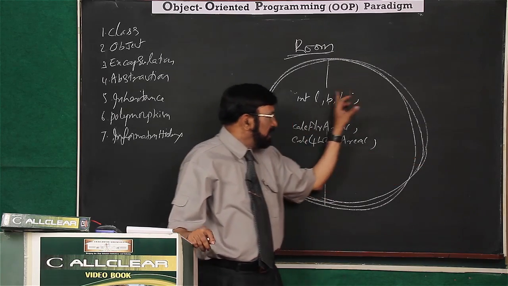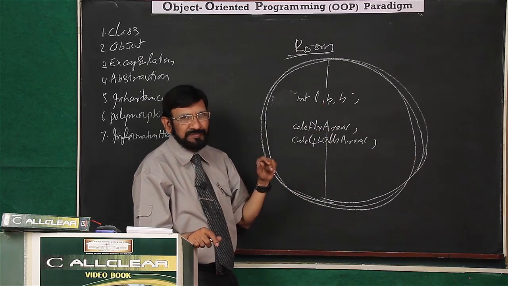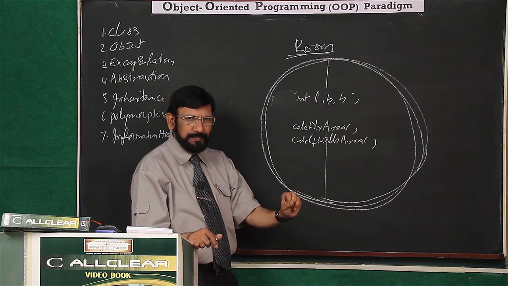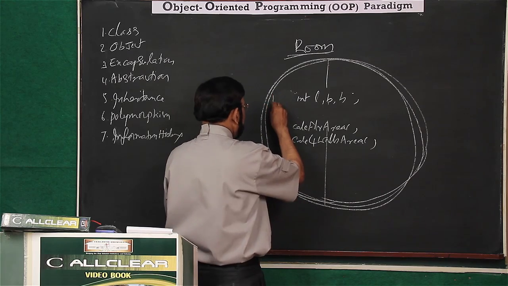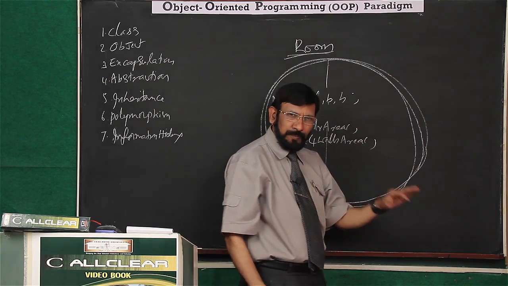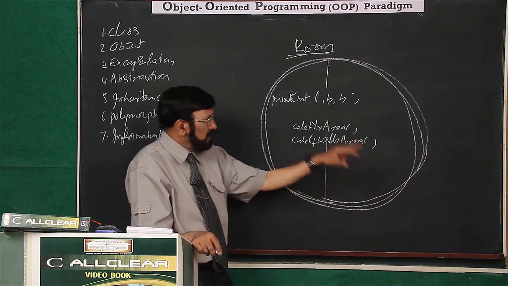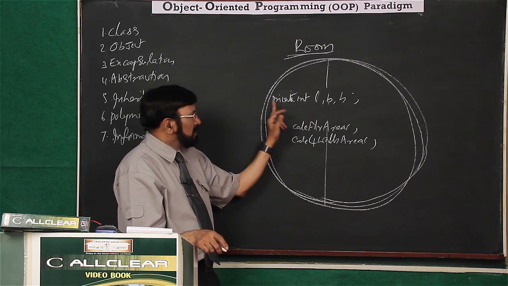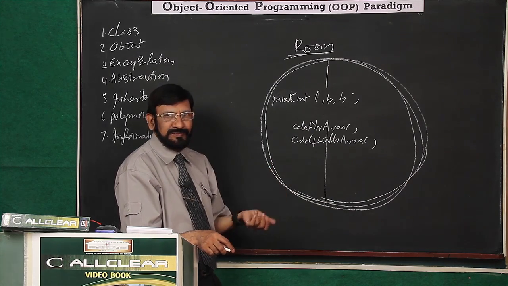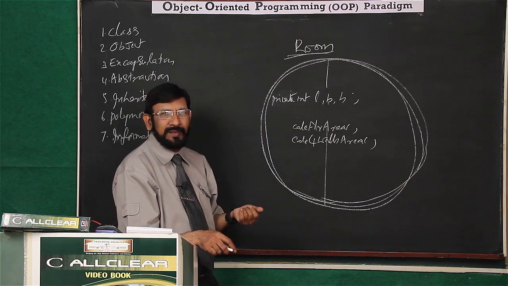Outside elements can access this LBH. Suppose you want to make certain data private, then you declare them as private. Up to that point, outside elements are able to access this. Once you declare them as private, outside elements cannot access this data.